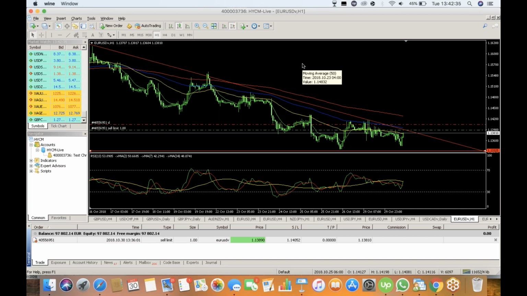As you can see, I put a sell limit order in here of one lot of 100,000 units of currency, and you can see that my position size has matched my account size approximately. And that is trading without leverage.